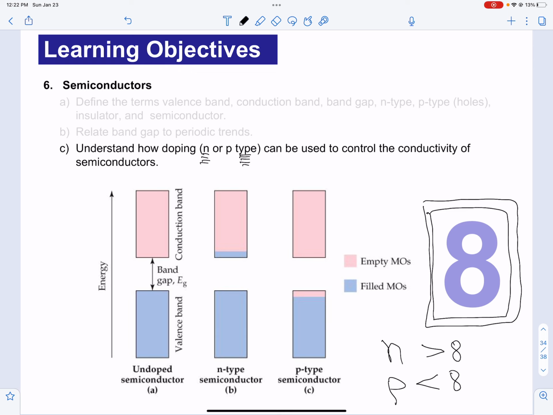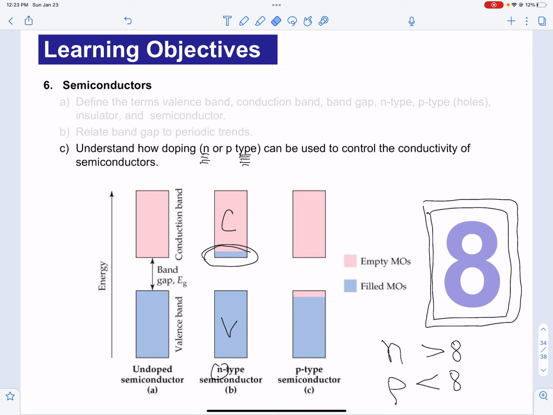So when we call something doped or undoped, it's when we don't fill up the valence shell or the valence band, or when we put electrons on the conduction band from the beginning. So an N-type semiconductor is one that has more electrons than you can put on the valence band, so you're going to have to put some of them on the conduction band.